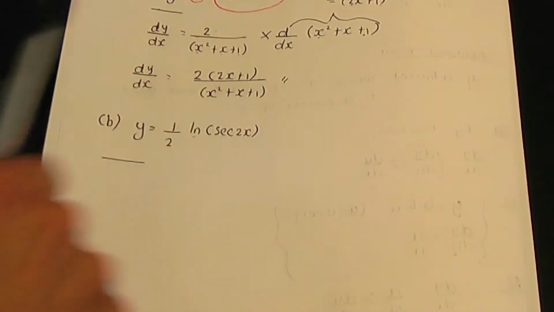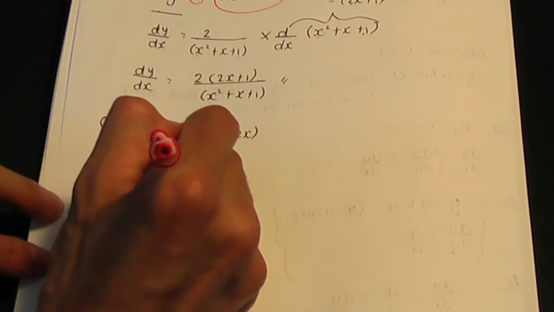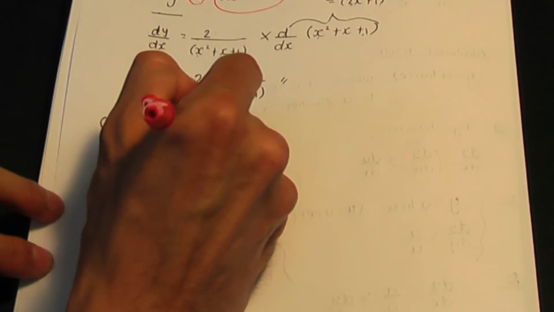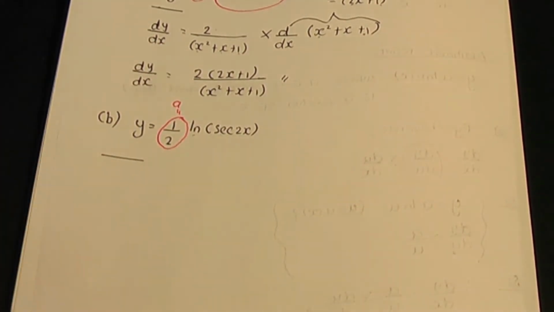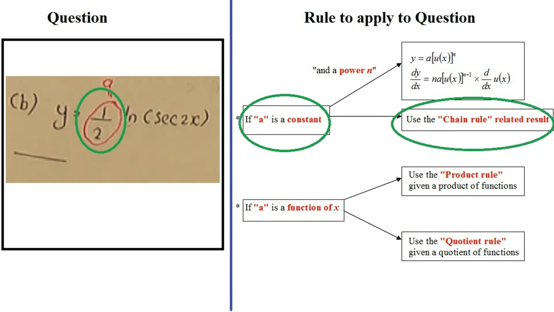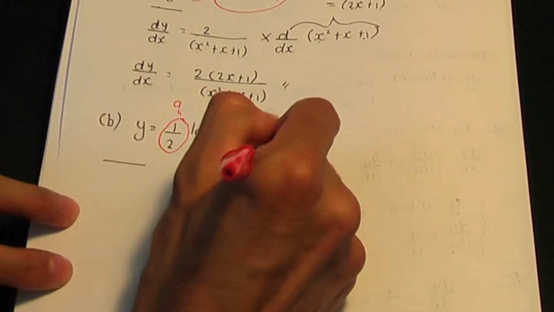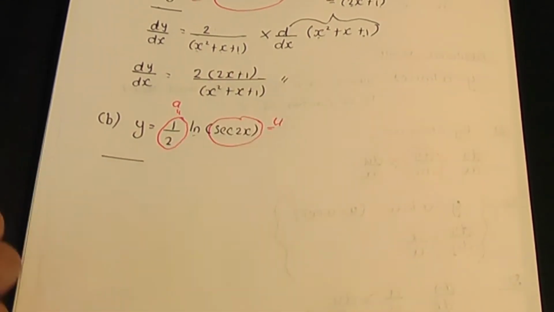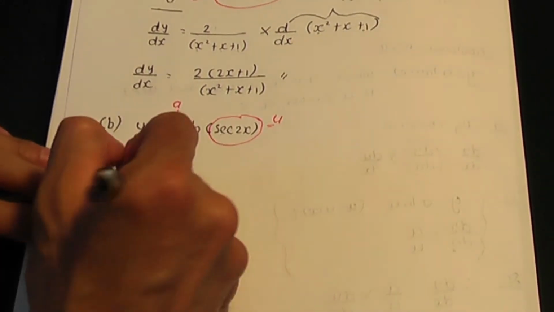First things first, the term in front of ln is half. So that is our a term. Half is a constant. That means that we can use the chain rule related result. And remember what u is. u is sec 2x.